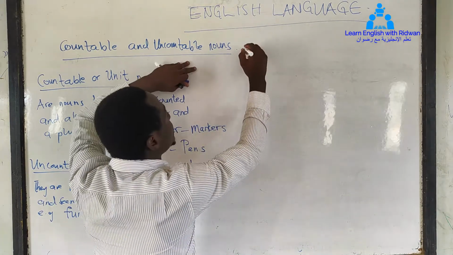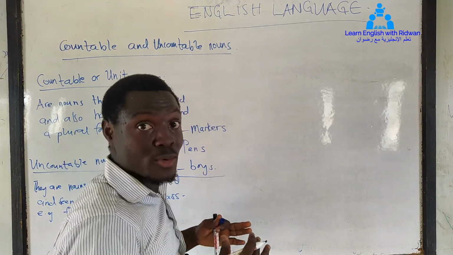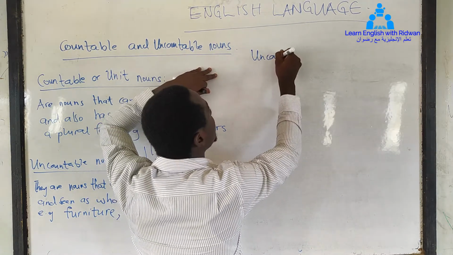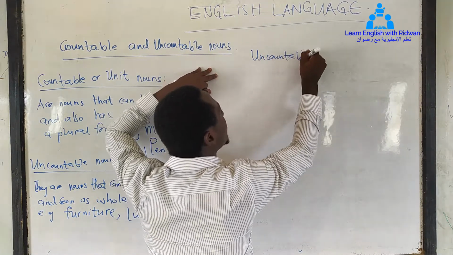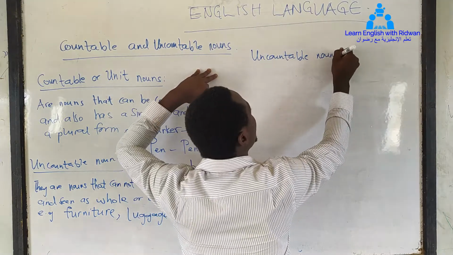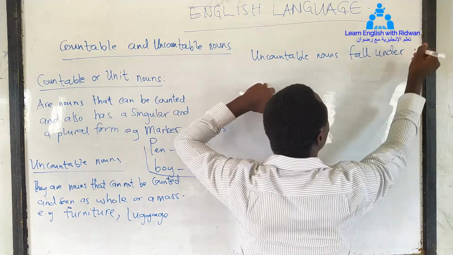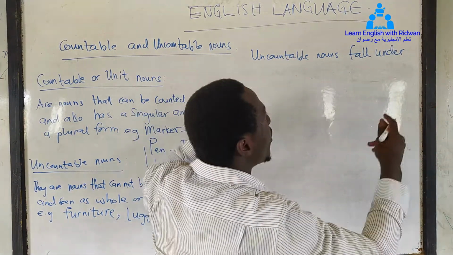So I will mention the categories we have under uncountable nouns. The board is not too stable, so you just have to copy what I'm doing here. So uncountable nouns fall under several categories.